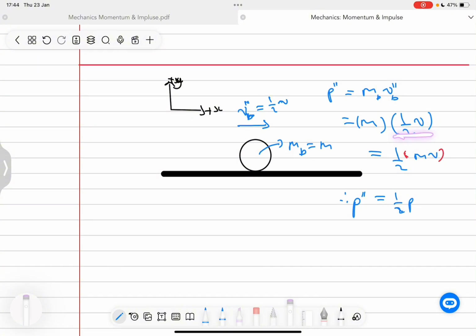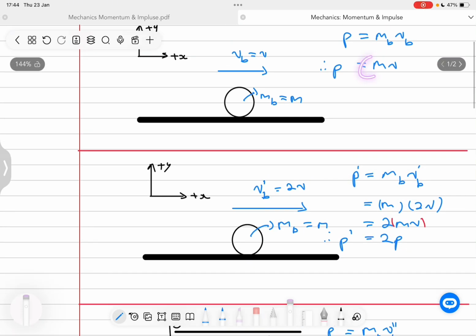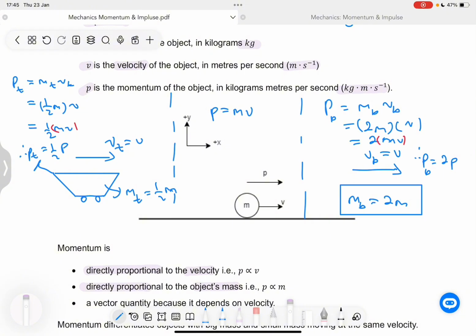When we changed the velocity to half v, the mass didn't change. It was still m as it was in the first scenario. So when you do a direct proportion calculation, it is important that one of the quantities should be constant to ensure that the direct proportion occurs. The quantity that will remain constant, we call the constant of proportionality.